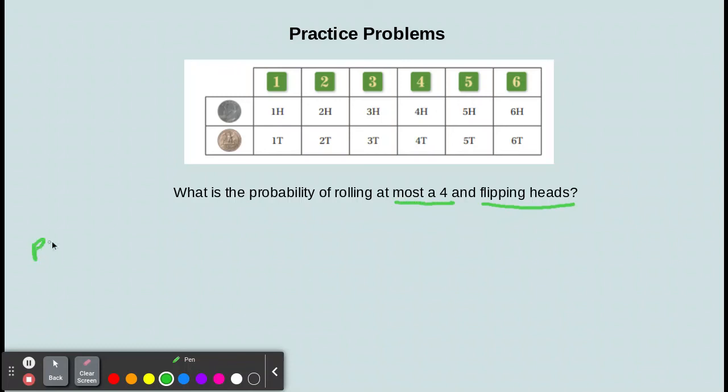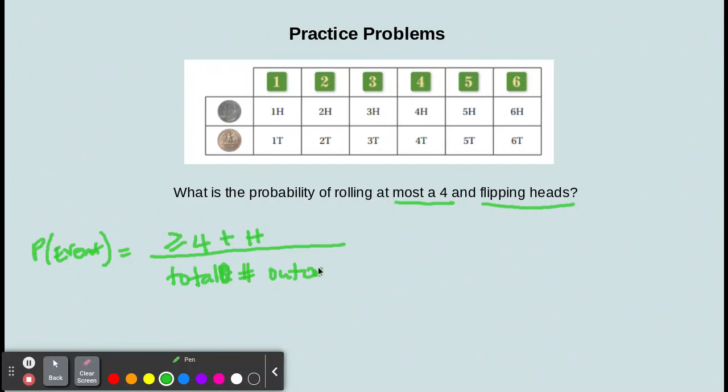So remember, the probability of an event equals what we want to achieve, at most a 4 and flipping heads, on the top, and on the bottom, the total number of outcomes. So what is our total number of outcomes?